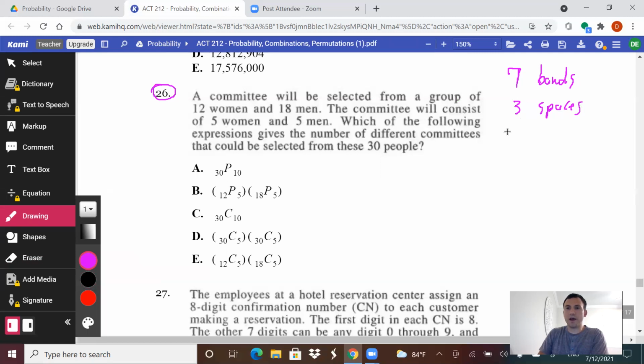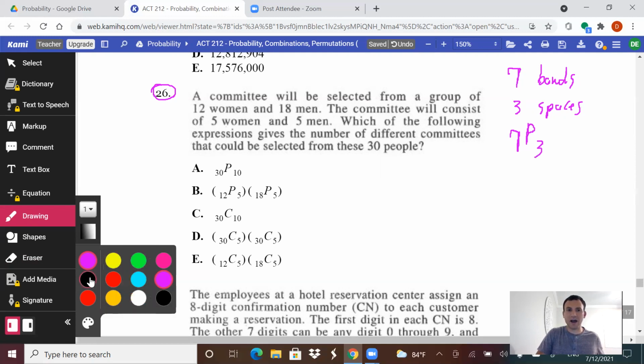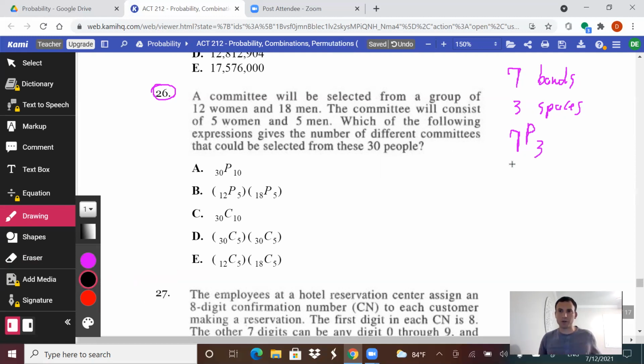Well, if you do that as a permutation problem, it's 7 options, pick for 3 spots. So the higher number always goes in the front, right? You're always going to have more options than choices. If it's a combination problem, we would have 7 bands to choose from, and we would choose for 3 spots. So the spots always goes in the back, and the choices has to be more than your spots.